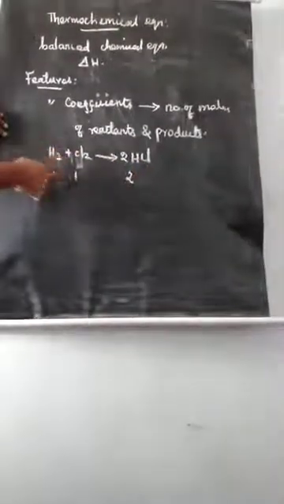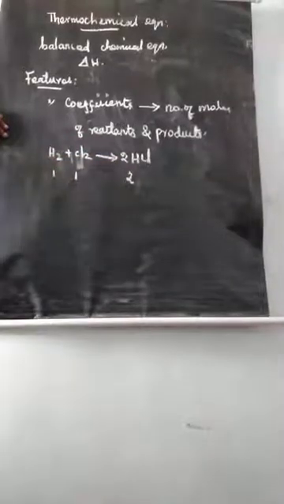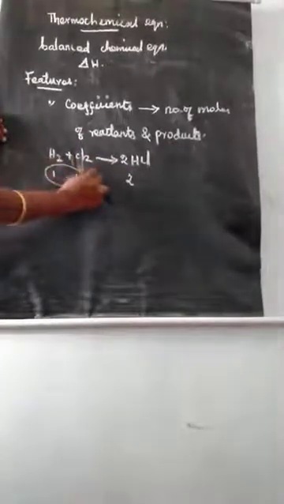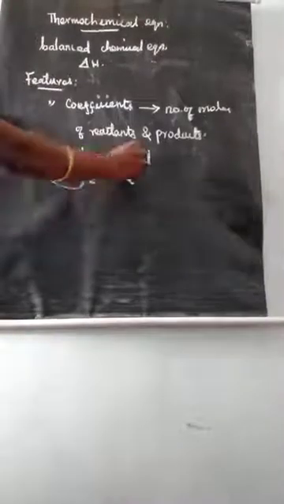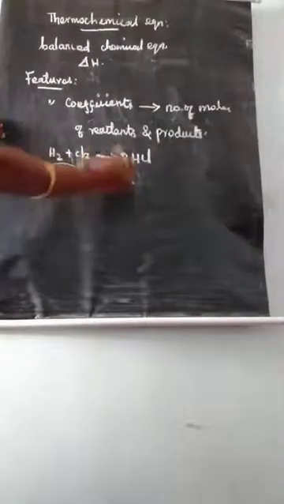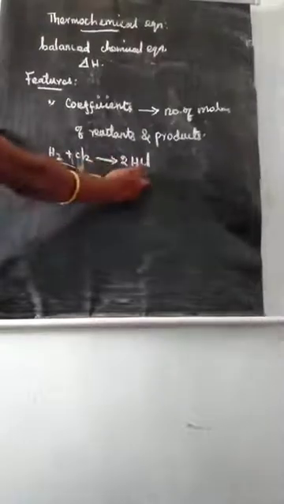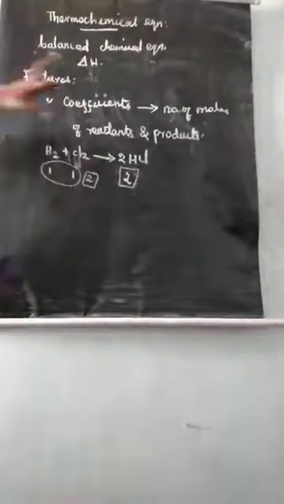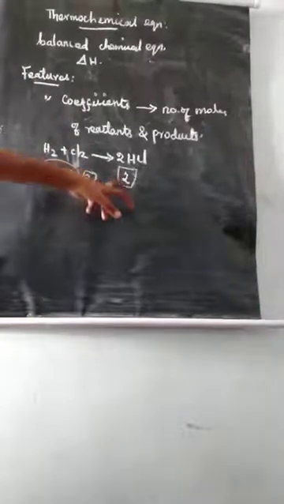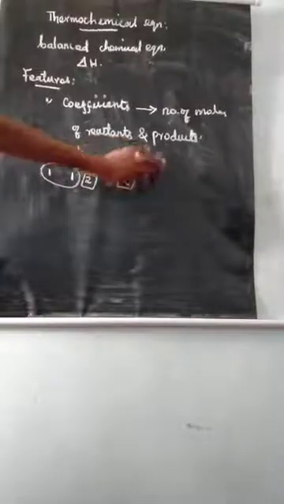So moles of reactants 2 and moles of products 2. This is what we call coefficients. So the first point, coefficients in a balanced chemical equation refer to the number of moles of reactants and products. Understand?